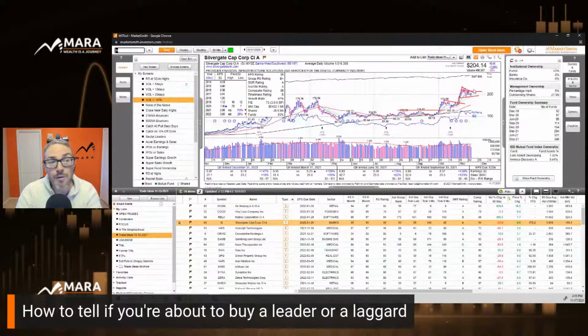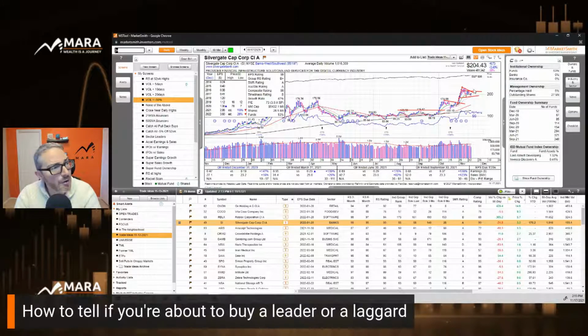And then what we want to figure out next is where is our potential reward. That's part of figuring out the reward to risk ratio, but that's a topic for another day. The main idea though is finding the stocks for the current market type.